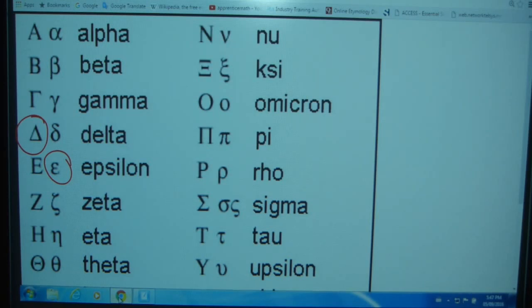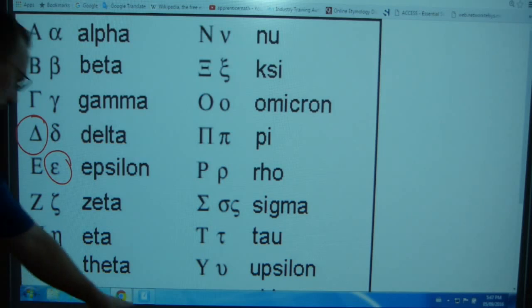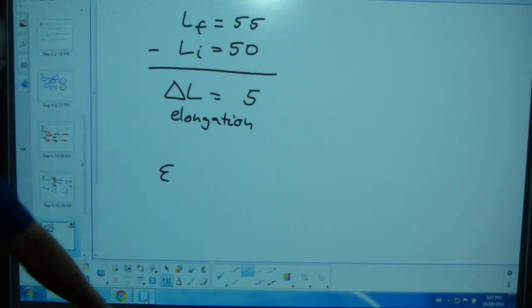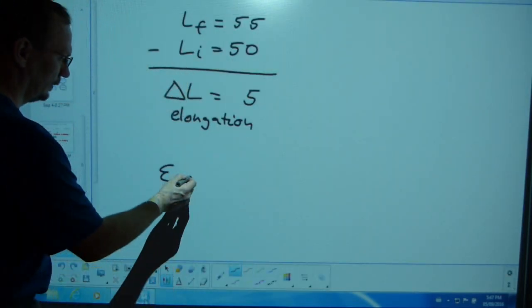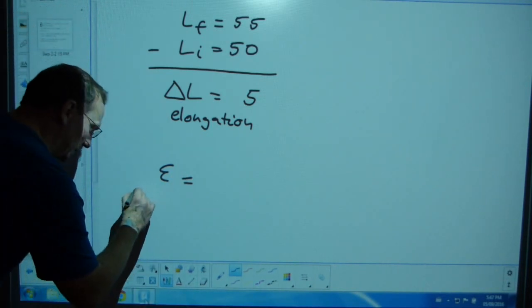That's Greek lowercase epsilon, and it makes the E sound, as in egg, okay? And this delta makes the sound as in thorough, okay? So epsilon is strain.